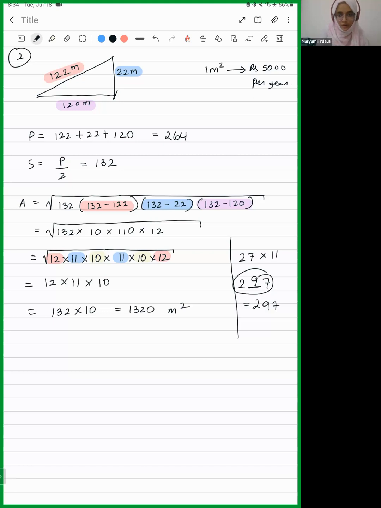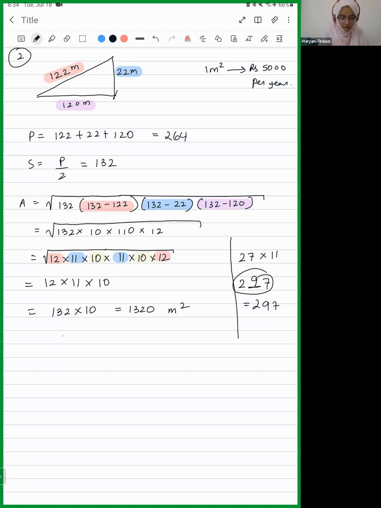Now, if you've done till here, the rest of it is pretty easy. All you have to do is, the question is saying that for 1 meter square, rupees 5,000 per year, but we need it for 3 months, not for 1 year.